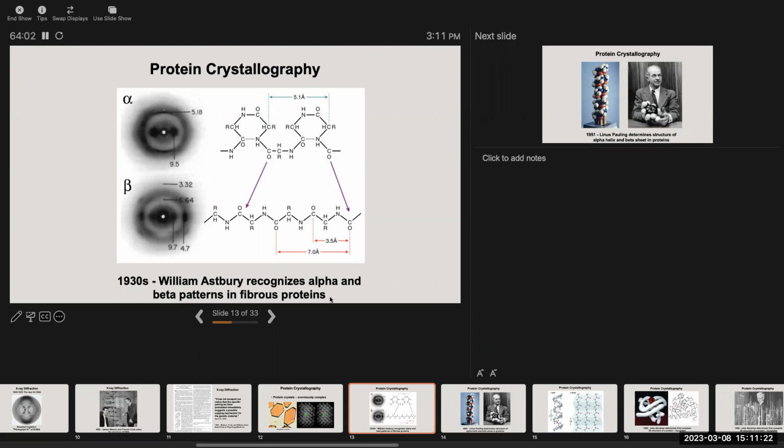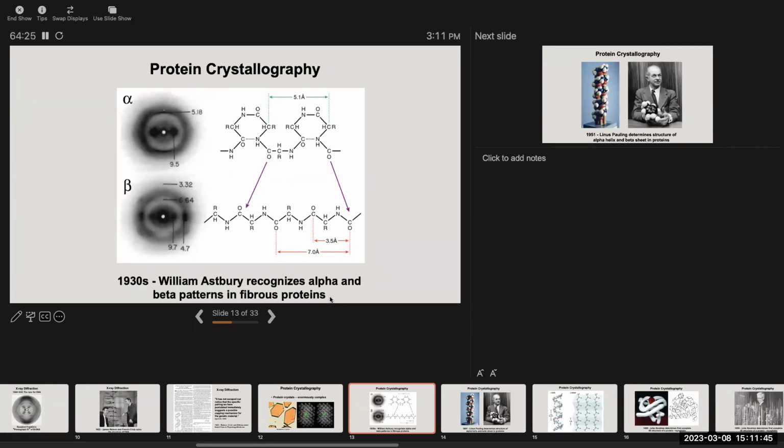One pattern he called the alpha pattern, and it had a couple of different reflections or diffractions of the X-ray beam that corresponded to spacing of approximately 5 angstroms, and then another dot corresponding to a spacing of about 9.5 or 10 angstroms.